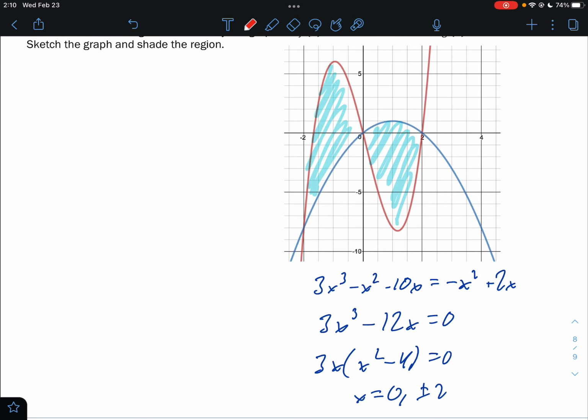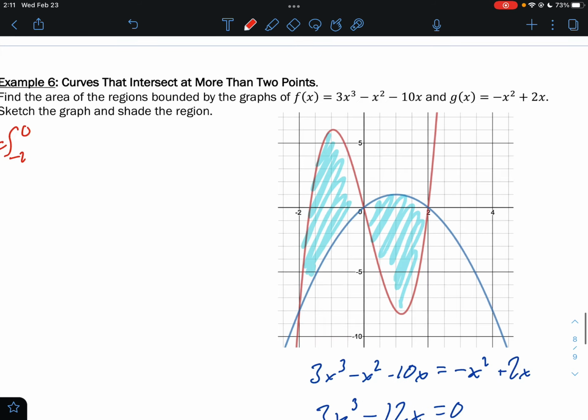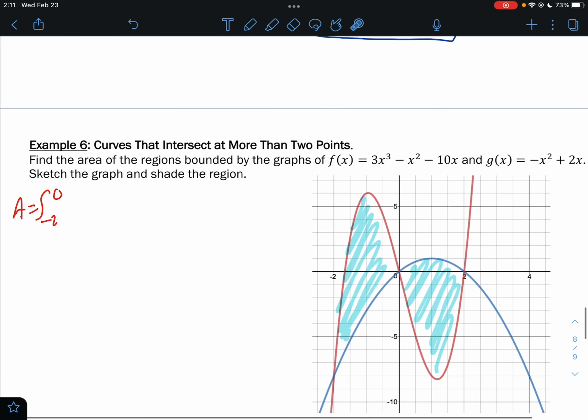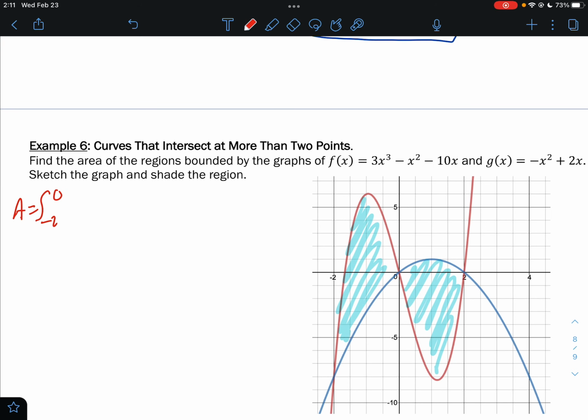All right, so our area is going to be negative 2 to 0 of top minus bottom. So in the first region here, the cubic is on top. So that's going to be 3x cubed minus x squared minus 10x minus negative x squared plus 2x. All right, so that's the first region.